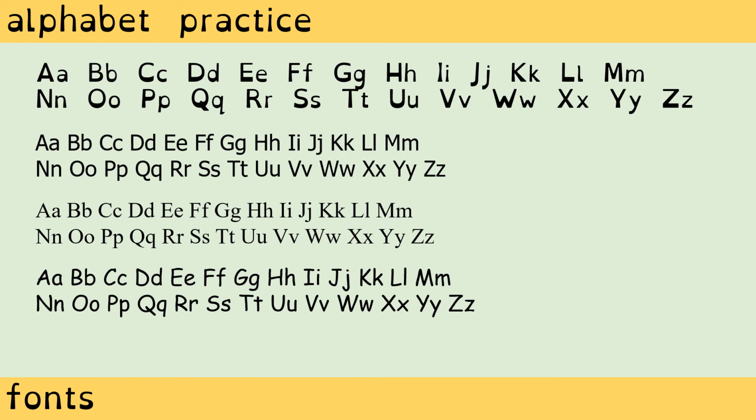Okay, let's talk a little bit about fonts. The font that I have been using, the top one, is called Open Dyslexic. And it is designed for some students with dyslexia. You can see how the letters are fatter on the bottom. Some people with dyslexia will see the letters spinning when they try to read. So the letters U and N will look the same because of this spinning effect.